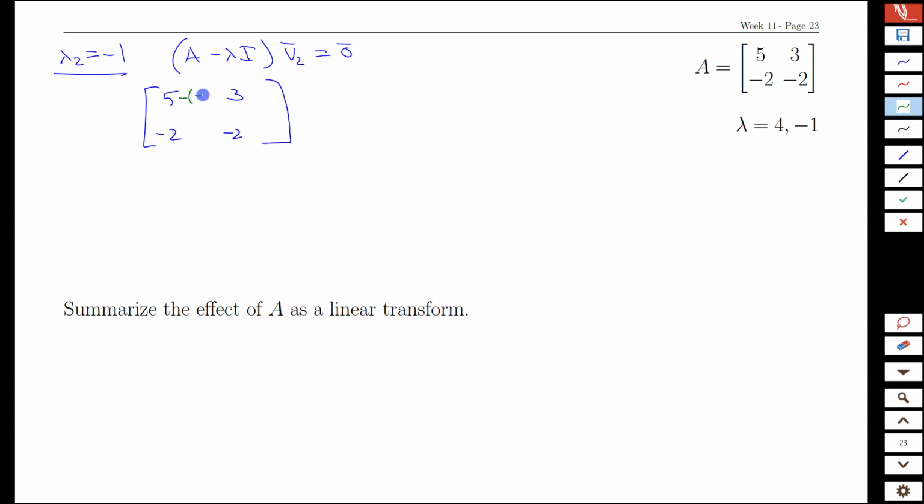Explicitly subtract the minus 1s along the diagonal, minus lambda I, but the lambda is also negative, so we get double negatives here. And I'm just going to put A and B in here again, 0, 0. And tidying that up, that gives us 6, 3, negative 2, negative 1.